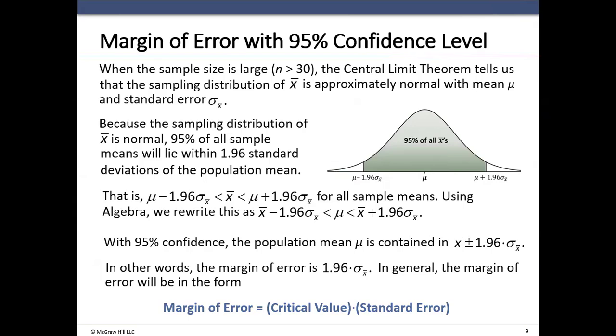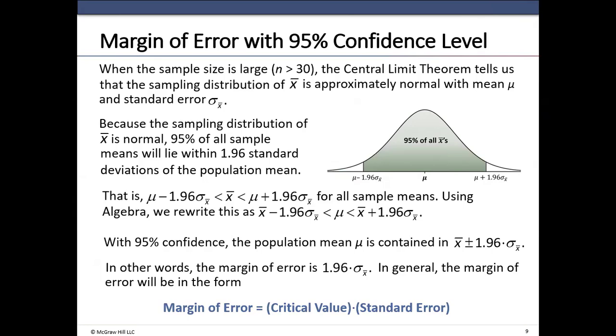That's why you have mu minus 1.96 sigma x bar, the lower boundary, less than x bar, less than mu plus 1.96 sigma x bar, which is the right boundary, the boundary within which 95% of x bar will fall. But we are basically interested in finding the confidence interval for the population mean, not for the sample mean.